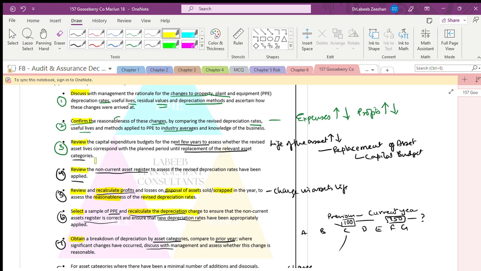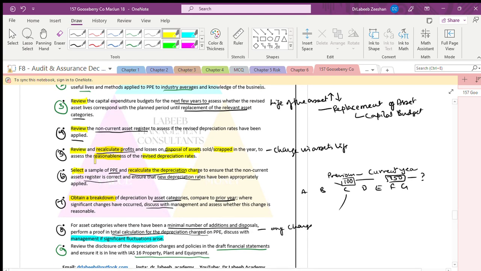We have to get the appropriate breakdown, and for assets with a minimal number of additions and disposals, we perform a proof in total calculation. And last but not least, review the disclosure of the depreciation charges.